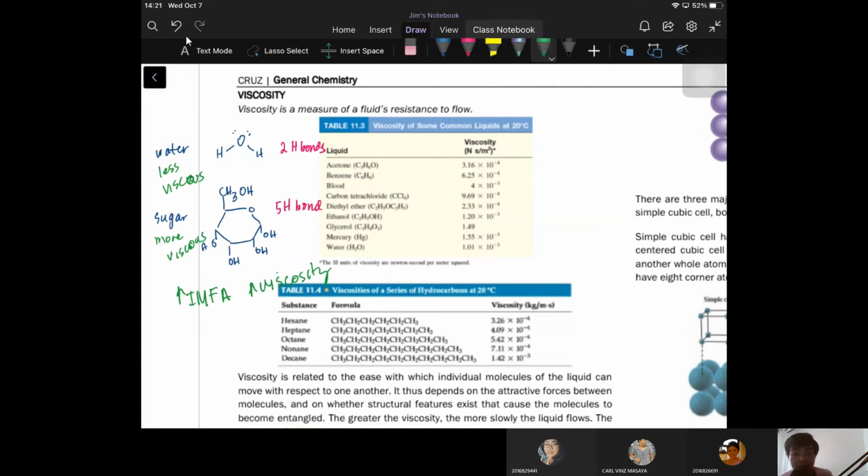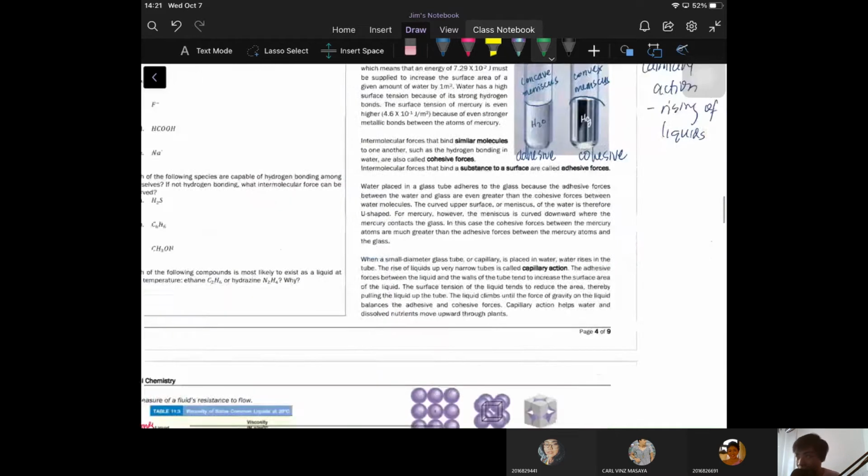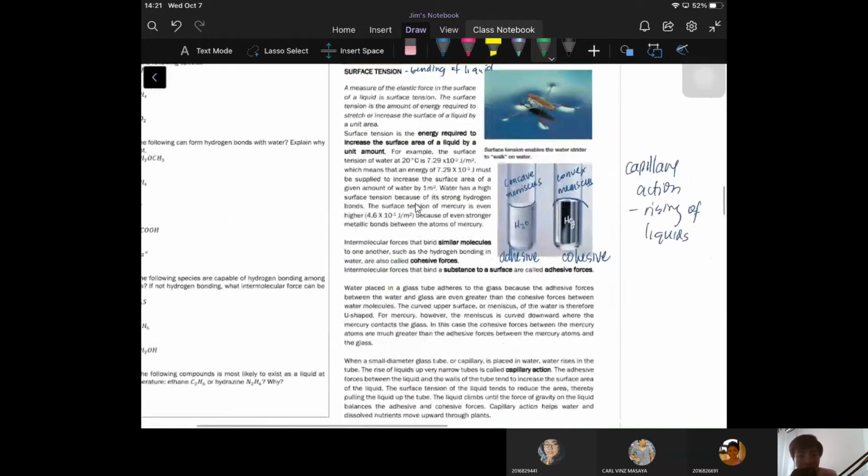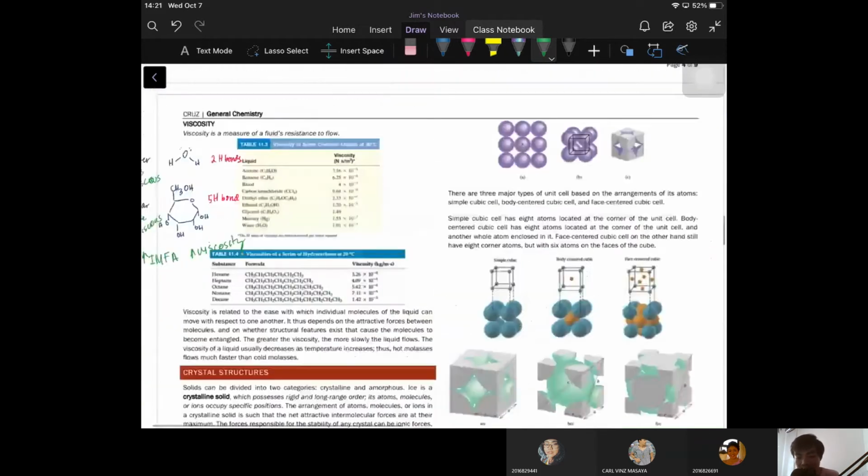Then you can deduce an idea sino mas malapot, sino hindi, sino yung mag-curve into a concave meniscus, sino yung sa convex, no? So ganun lang yung idea, no? Just a matter of comparison, no? So all the information are written here naman. So you can read them. No? Okay, so yun lang.